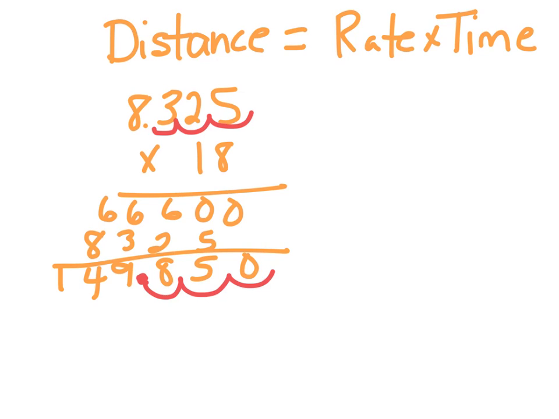And now that we have our answer, we can't drop any zeros until we've placed the decimal. So this would be 149 and 850 thousandths. And we can round to the nearest mile.